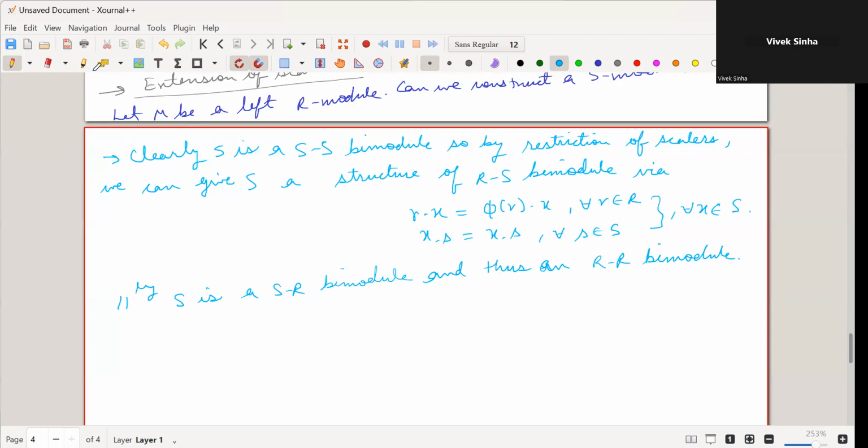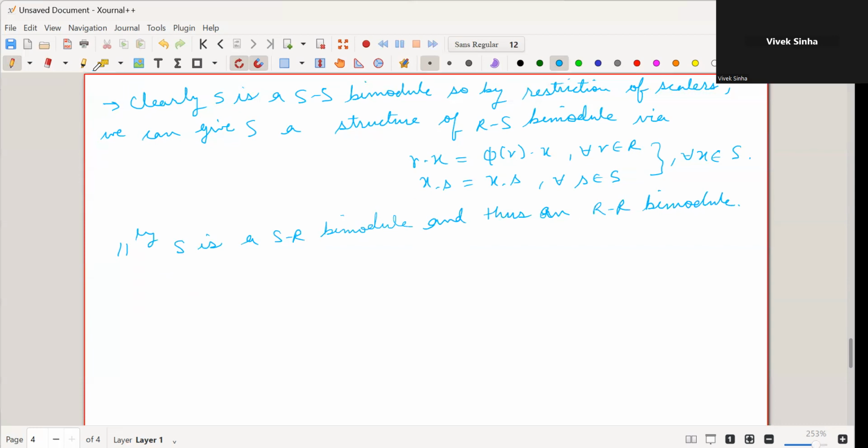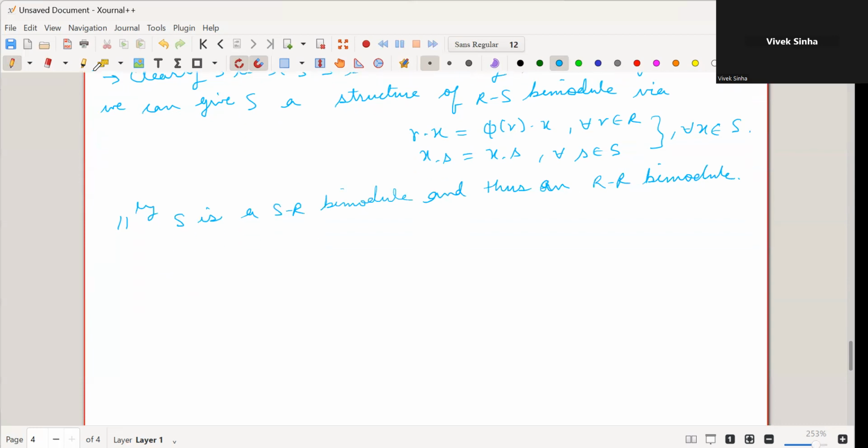Okay, so then using this, you can simply define this f of M, which is defined as S tensor M over R. Okay, and this is an SR bimodule.